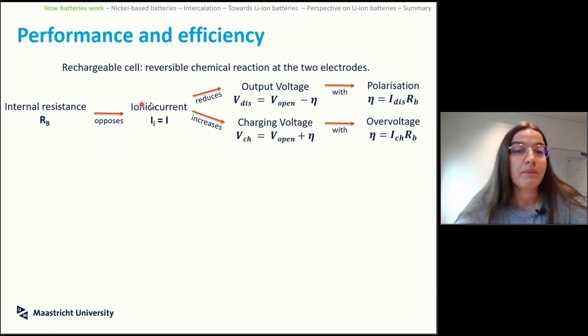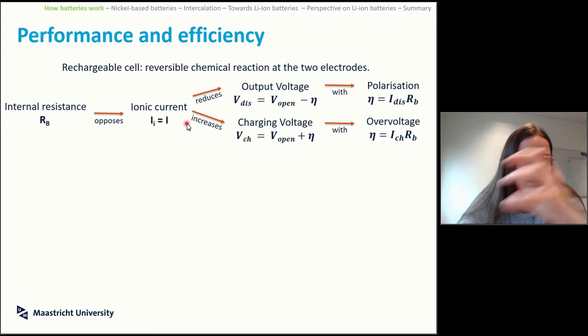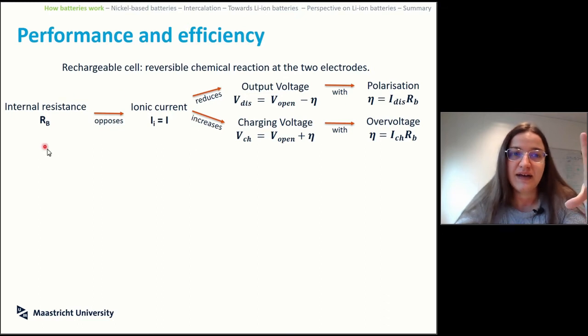So this thing opposes the ionic current, meaning all of those species that are going around to get reduced and oxidized. So having an internal resistance in opposition to the ionic current will reduce the voltage. So regardless of charging or discharging, there is an effect on the voltage. So it reduces the output voltage and it will increase the charging voltage.